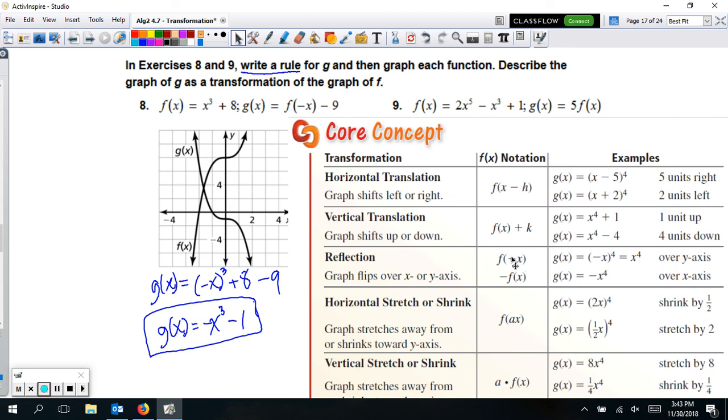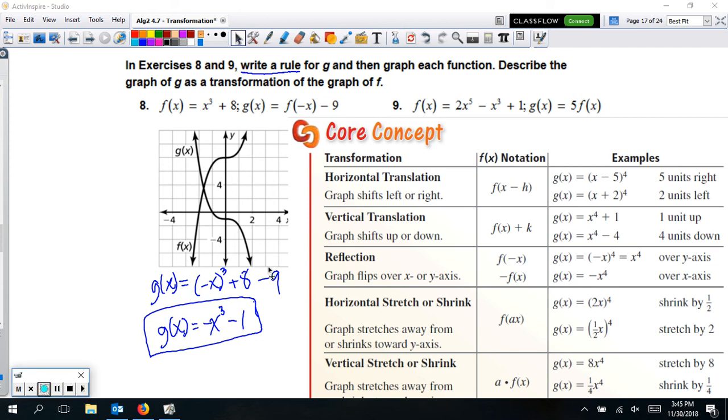That's going to be reflecting over the y-axis. So we're just going to put that inside there where x is. So here's where the x is. Now it's going to be -x to the 3rd power there. And then the -9 is going to be added to the back of our function.